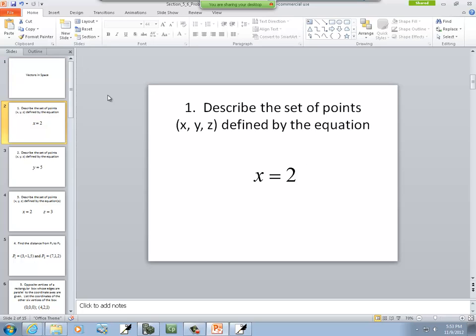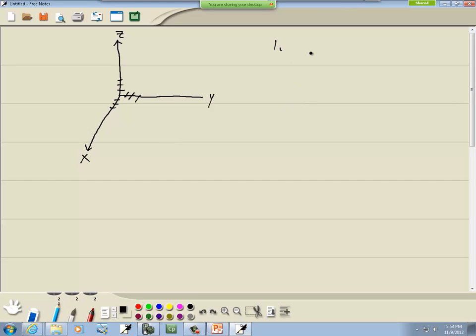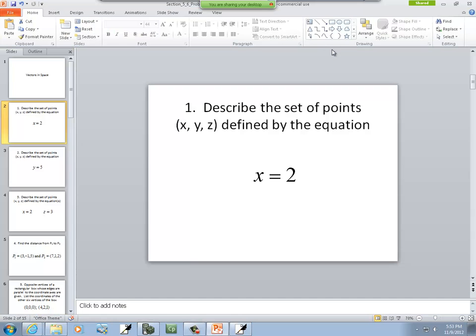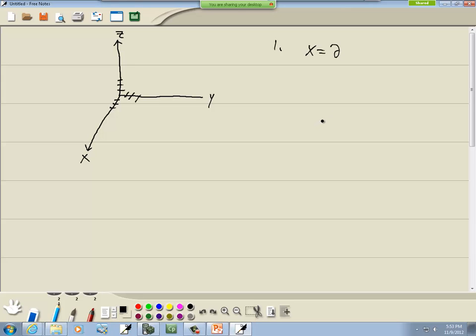Our first problem says to describe the set of points x, y, z defined by the equation. So we got x is equal to 2. Well, x is equal to 2. If I come out here, it's going to be a rectangular plane at x equals 2.